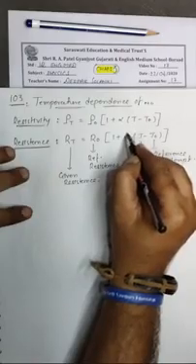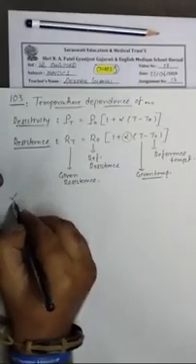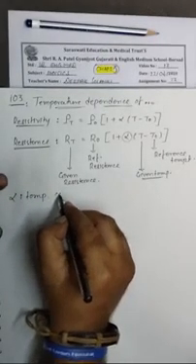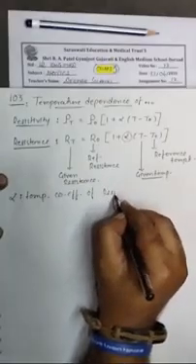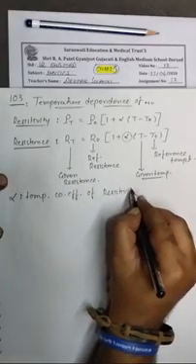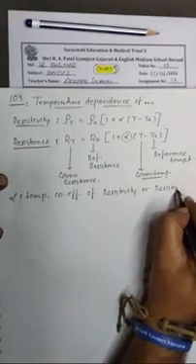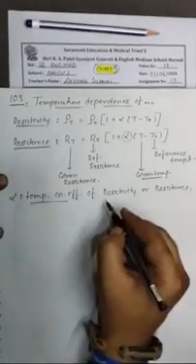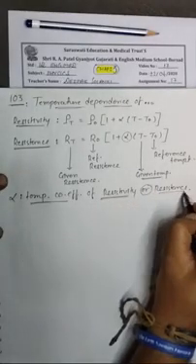Okay, there is one more term. Which term? Alpha. What is this alpha? Alpha is known as temperature coefficient of resistivity or resistance.